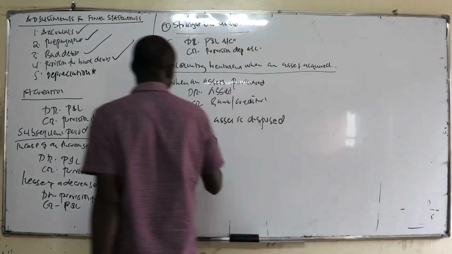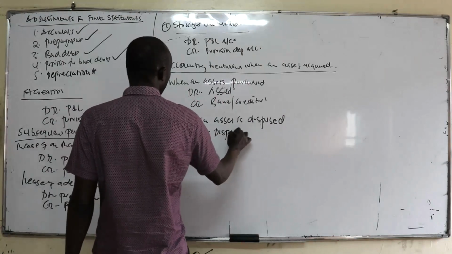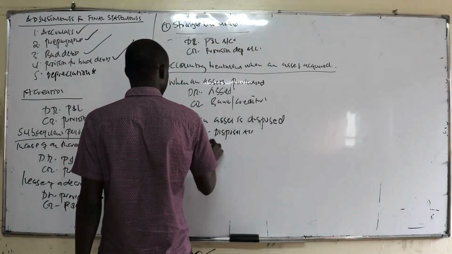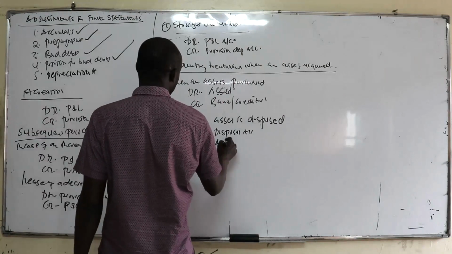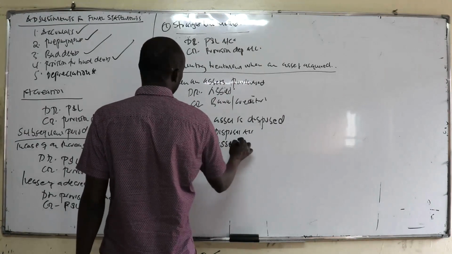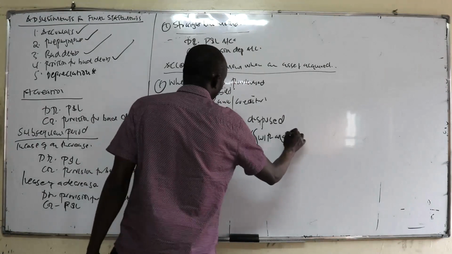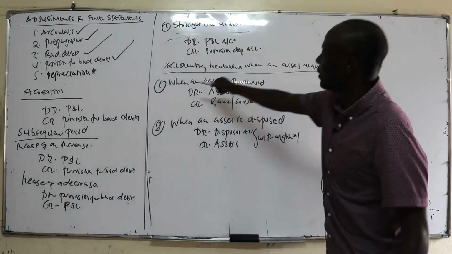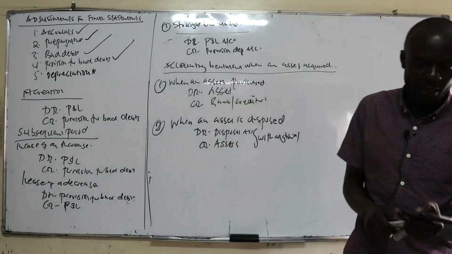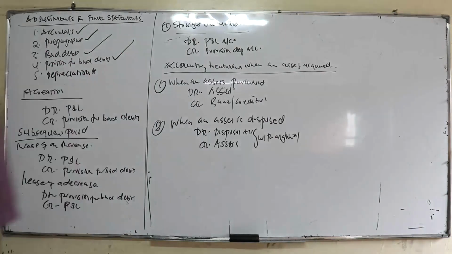When an asset is disposed, you debit disposal account and you credit the asset with the original value, the original amount. So those are the two entries that you make every time there is acquisition of an asset or disposal of the same.